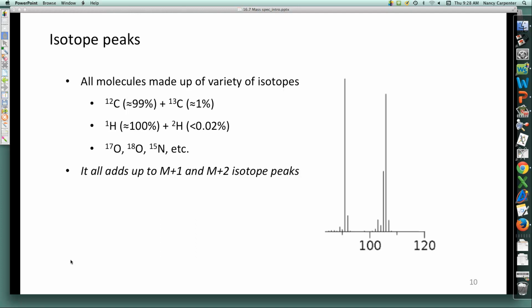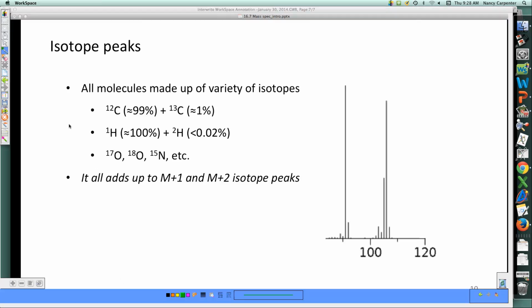Now, back to our little sample mass spectrum. So we pointed this out before. Now we know that what this guy amounts to is the presence of some C13 in my molecule, trace deuterium in my molecule.